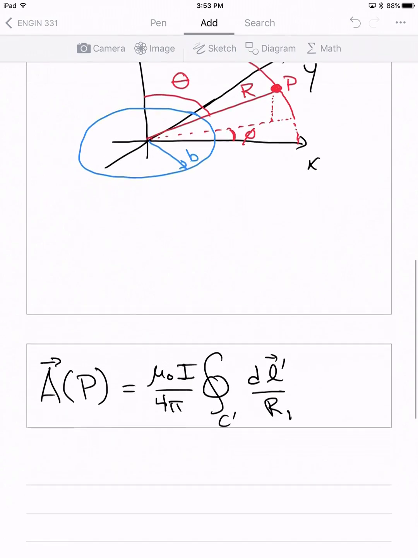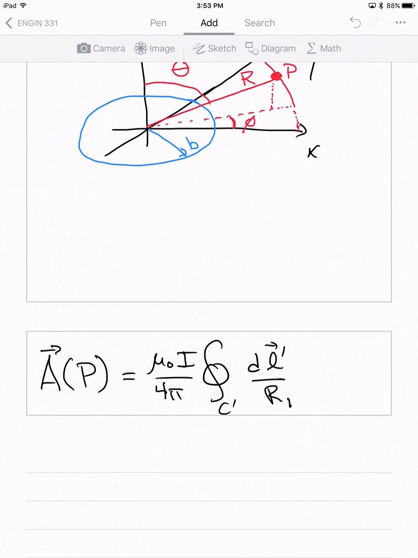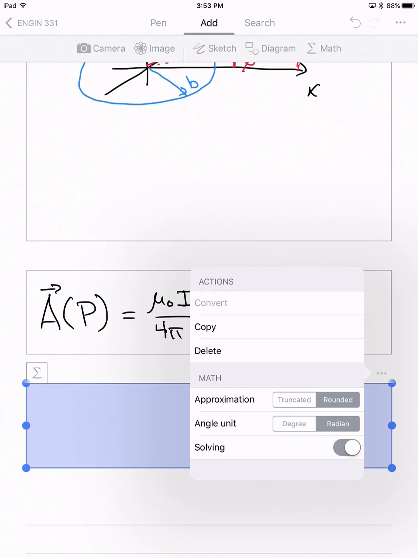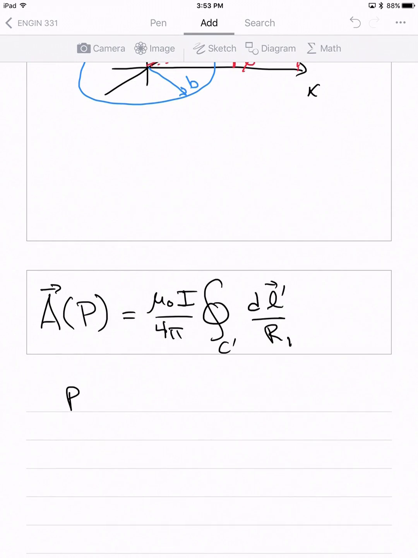R1 is the distance from P prime, a point on our current source, to P, our observation point.